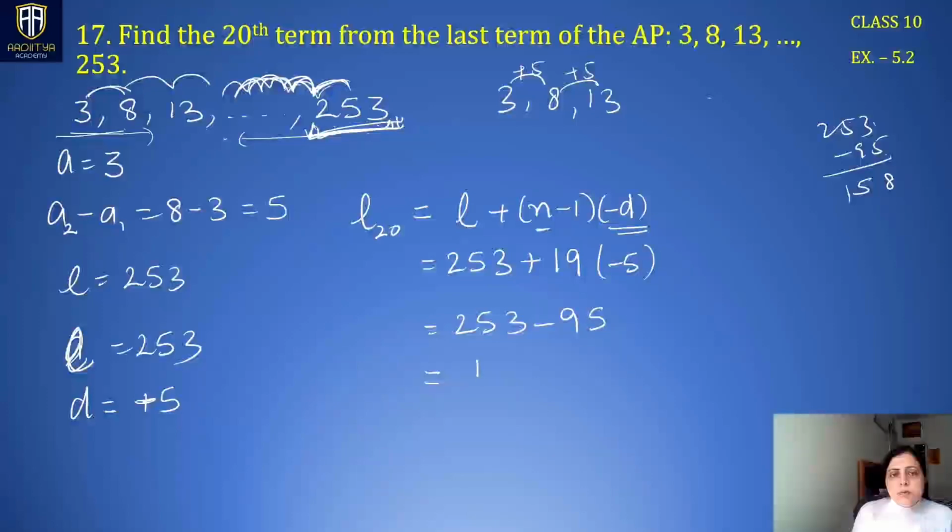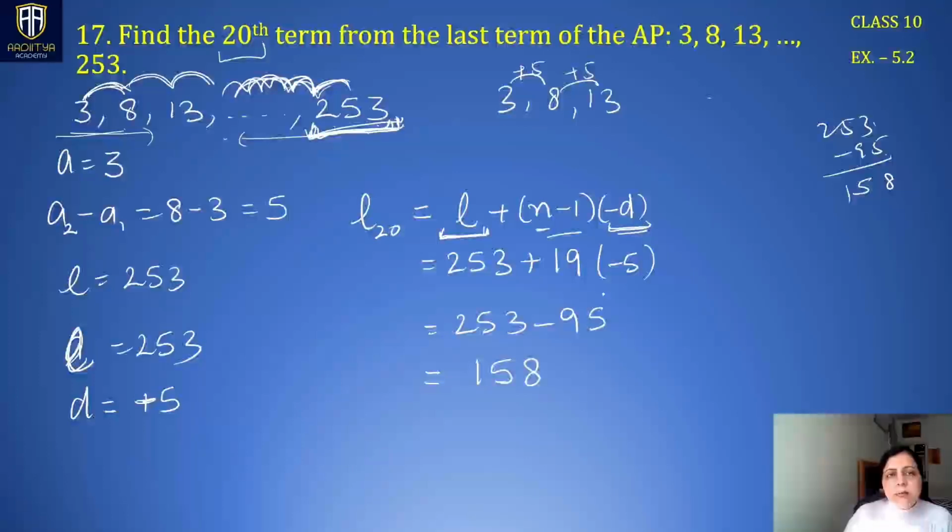This becomes 158. Right? The only thing you have to keep in your mind is your last term becomes the first term, and since you have to look for the 20th term, the pattern of AP remains same. So A plus n minus 1 d. The only thing is the first term has to be replaced by last term, and the common difference, whatever it is in the forward direction, take opposite of that in the reverse direction.